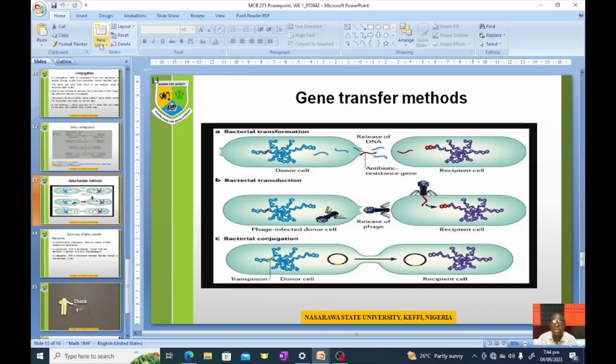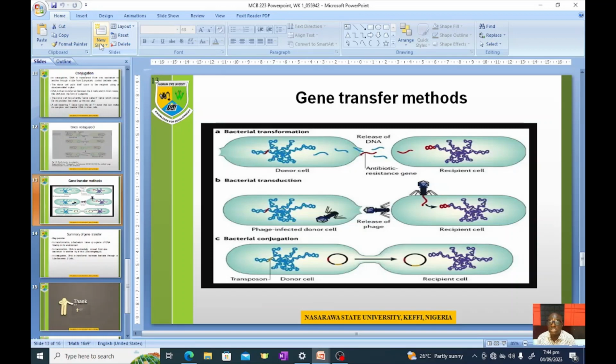Upon release of this DNA from the cell having it, there will be entry, by way of attachment and recombination, into the cell that did not have it. And as explained earlier, some of these factors could be an antibiotic resistance gene.